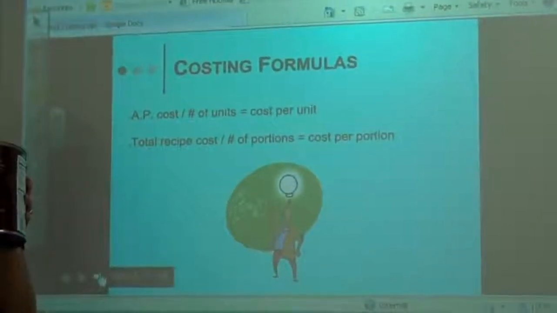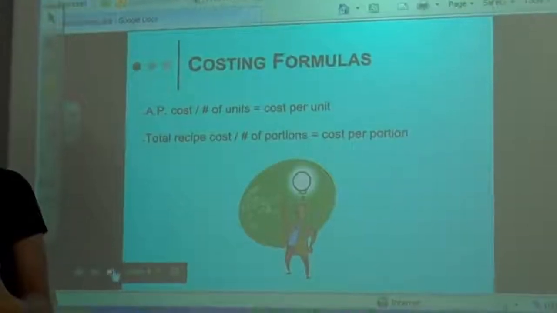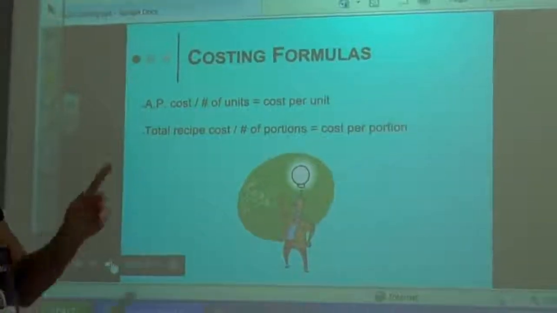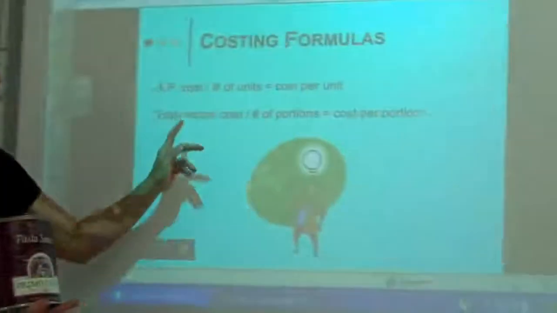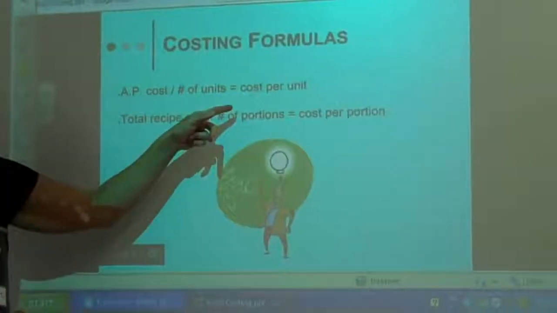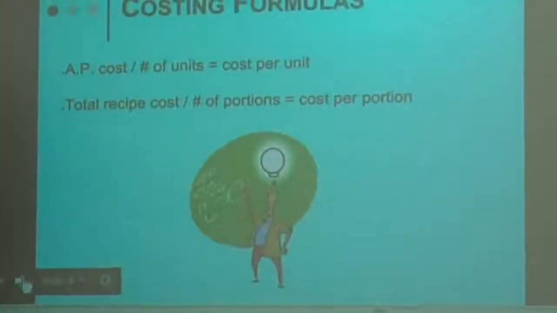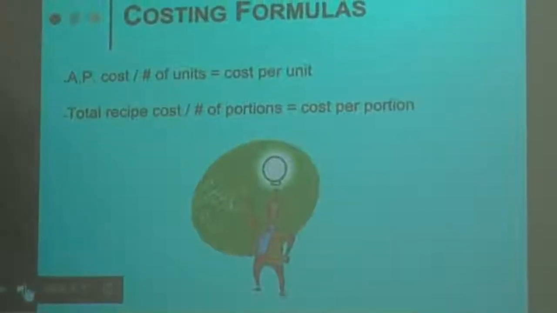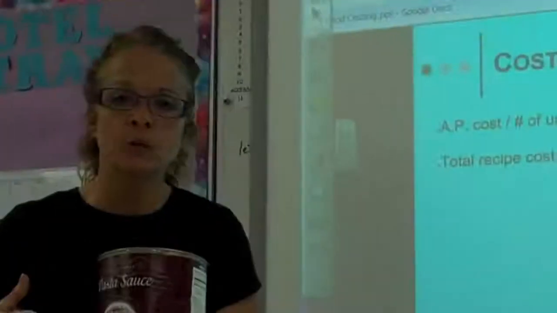That means this can costs $2. Okay? Let's say we used 1/4 of the can. That means total recipe cost is 50 cents, because $2 divided by 4 is 50 cents. Divided by the number of portions, which is just me and my lab partner, that's 2 people. That means the cost per portion would be 25 cents of this ingredient only. You need to do that for every ingredient in the recipe.